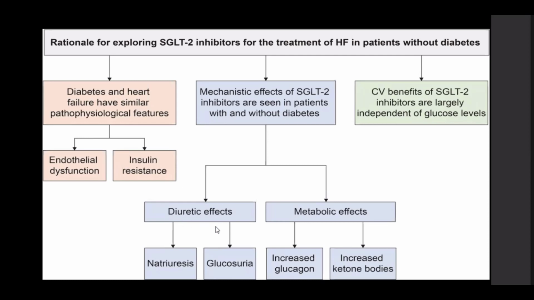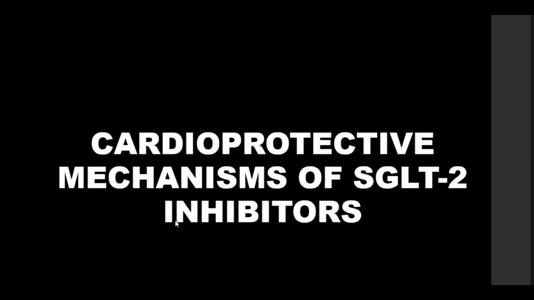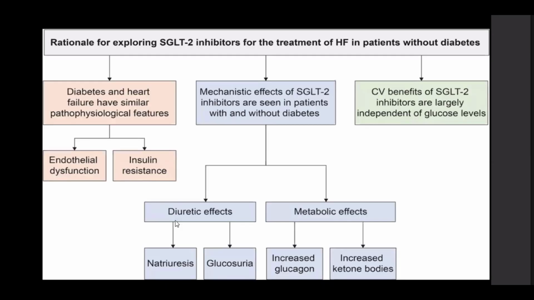Because of the diuretic effects, you have loss of sodium in the urine, and you also have loss of glucose in the urine, which is better for patients with diabetes, but also in patients with heart failure only, because we don't want to reabsorb more and more sodium in the body in a patient with heart failure.